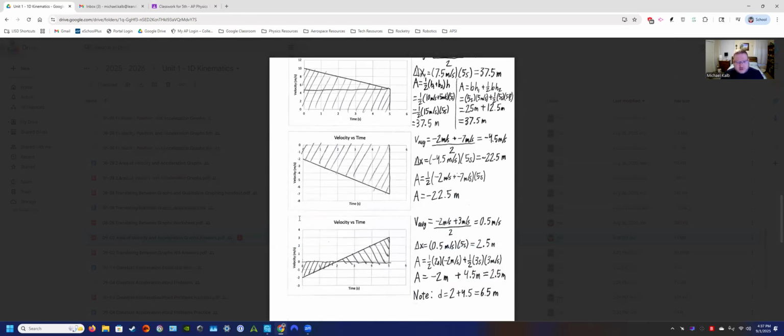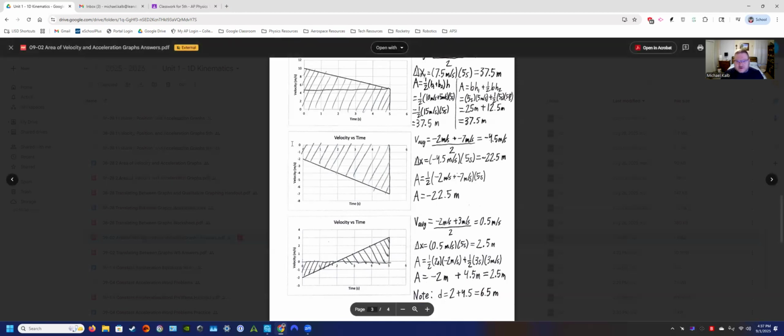All right, this object starts off moving backwards at 2 meters per second, and it speeds up. After 5 seconds, it's moving backwards at 7 meters per second. So the average velocity is -4.5 meters per second.